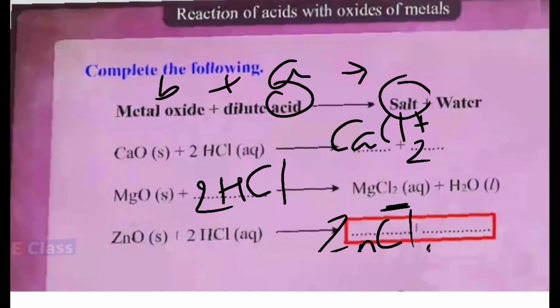So children, this is how you are going to complete the reaction if it comes in the exam in the options. So you are going to check whether it is balanced or not. So actually metal oxide reaction with dilute acid is like a neutralization reaction only. Okay, and we can conclude that metal oxides are basic in nature.